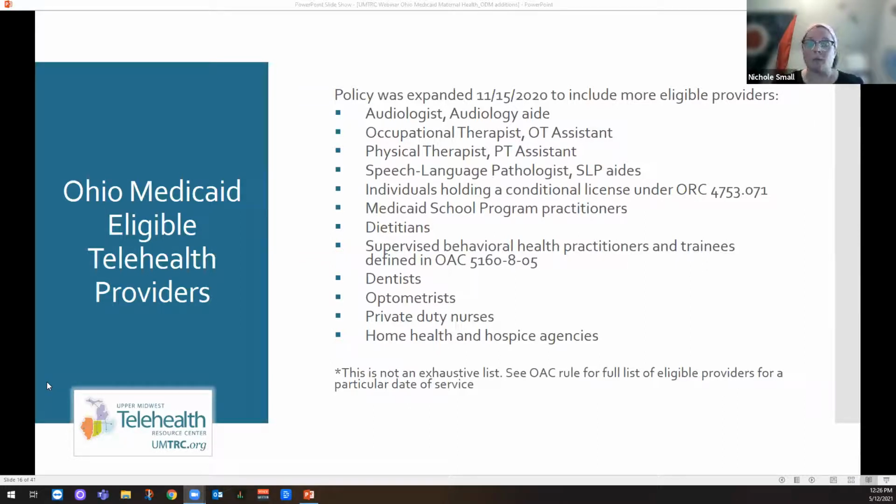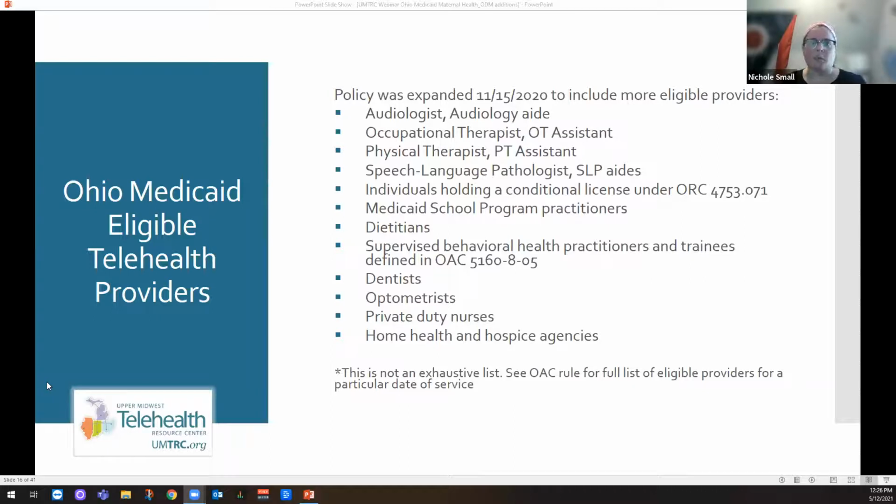We also allowed, since we had a lot of homebound individuals, private duty nurses and home health and hospice agencies. Not every service that they provide could be done through telehealth, but we allowed these practitioners to be eligible to provide telehealth for certain components of the services.